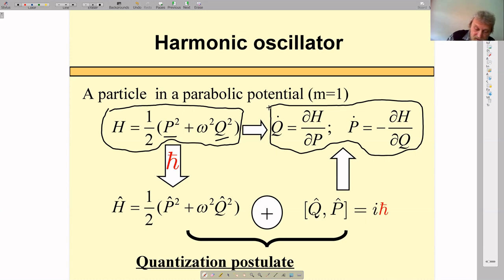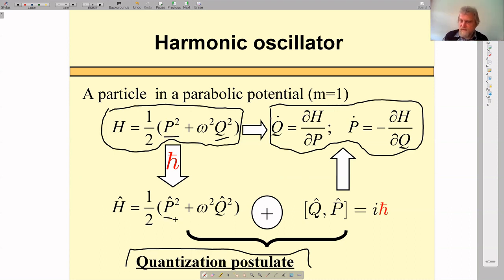Quantization postulate. So how to go from classical quantities to quantum mechanics? One has to take into account the difference between the definition of physical quantities in classical mechanics, where they are numbers, while in quantum mechanics, those are operators.